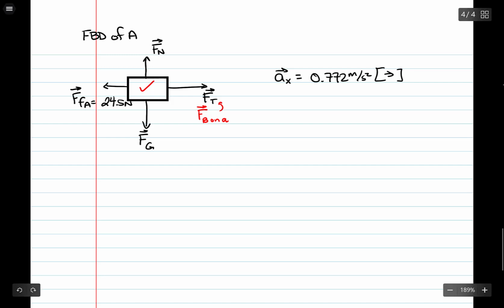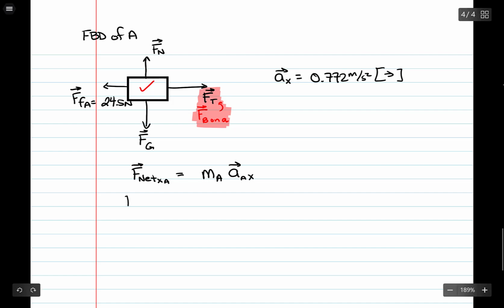So the only piece of information I don't know in that horizontal direction is this force of B on A, or the tension force. So we can say that F net in the x direction on box A has to be equal to the mass of A multiplied by its acceleration in the x direction.